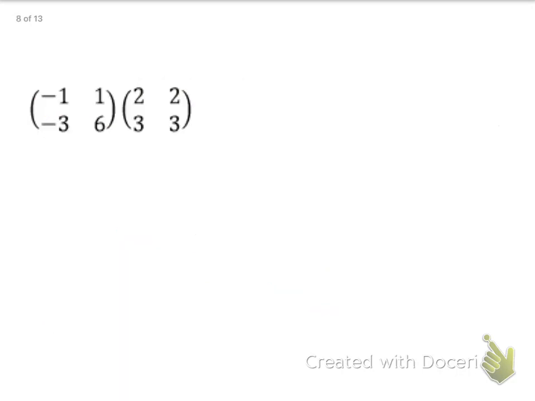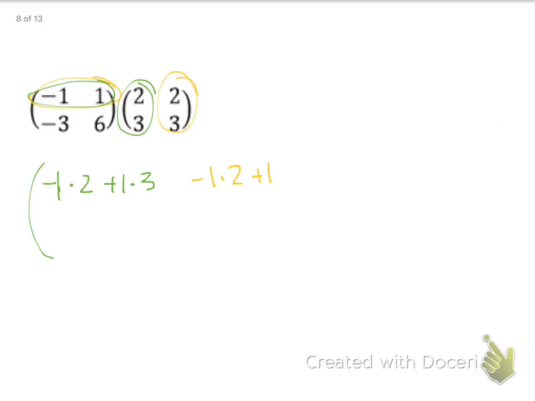Okay, this next one I would pause the video and go ahead and try it yourself and then play it and see if you make any mistakes. Okay, so I got row and column, so negative 1 times 2 plus 1 times 3. Row, column, negative 1 times 2 plus 1 times 3.